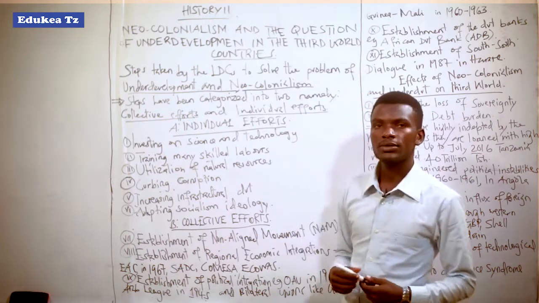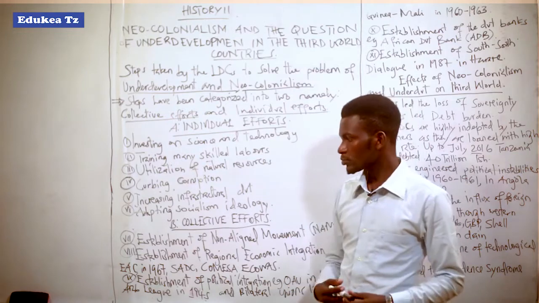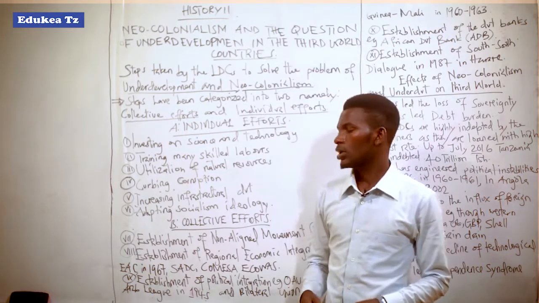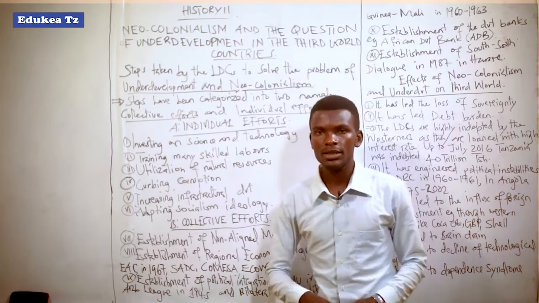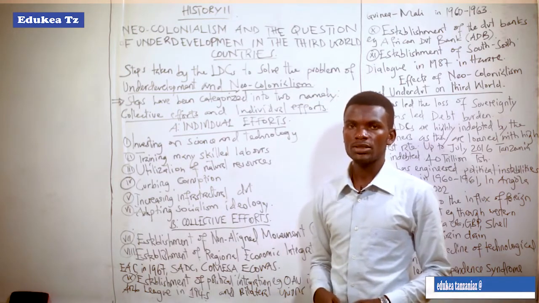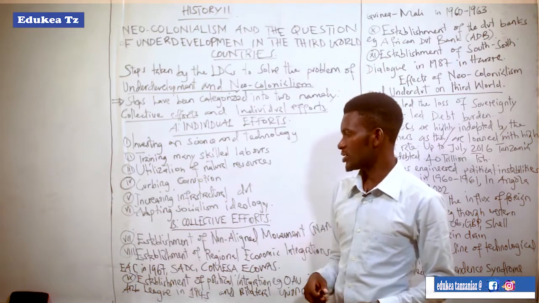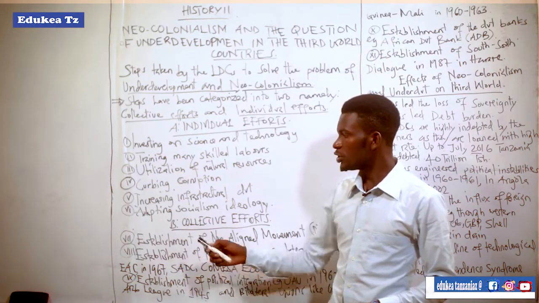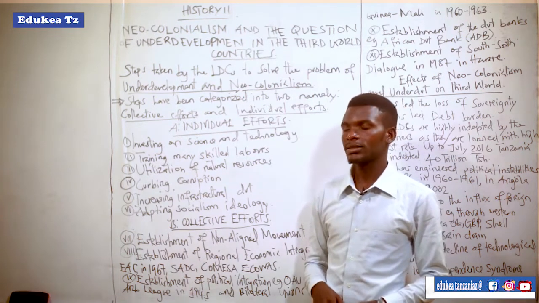So various third world countries came up with strategies on revamping or establishing different economic activities like agriculture, so that they can produce and utilize the available resources, which will not force them to go outside for seeking assistance.